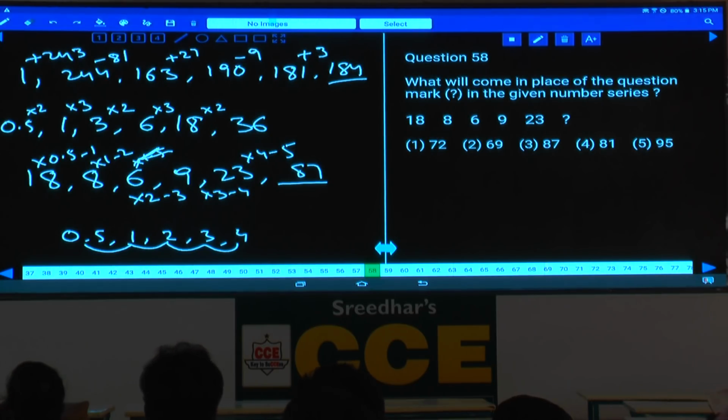If we do it this way, it works. But strictly speaking the logic is not apt. 0.5, 1, and the remaining numbers are 1, 2, 3, 4, 5.